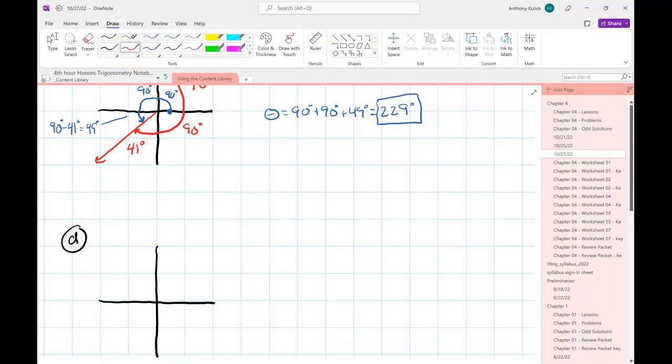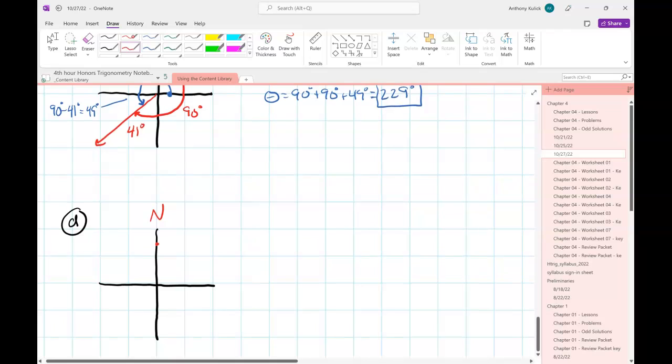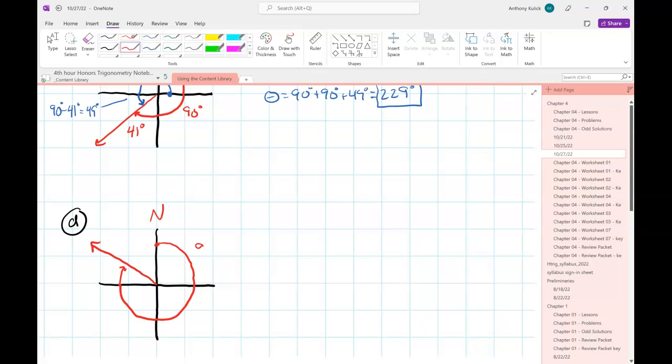Our last example is 299. What quadrant is that going to be in? 2. So 90, 180, 270, and then like 29 more. Everybody's cool with how I'm doing this?